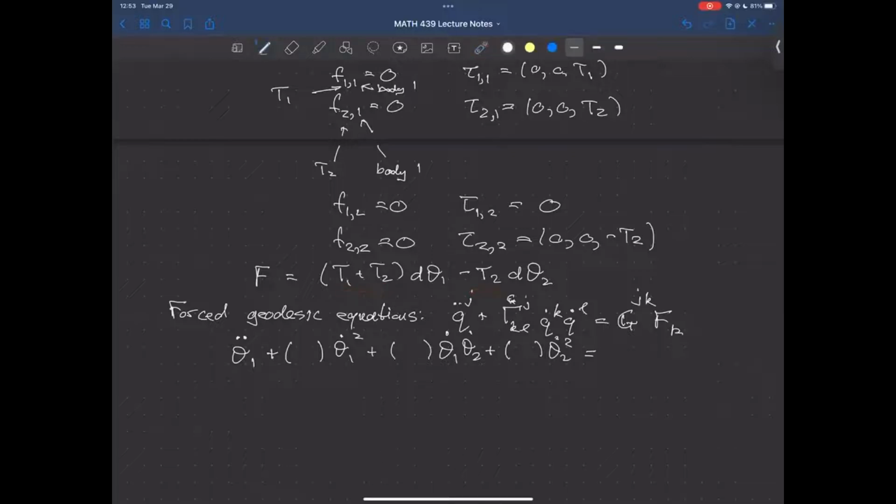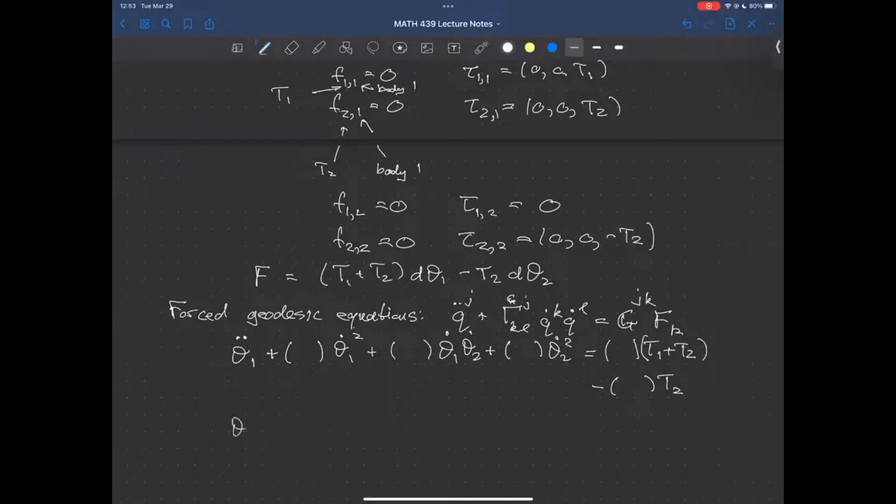So you're going to get some ugliness times T1 plus T2. Then you're going to get some more ugliness, with a minus sign in front of it, times T2. So that corresponds, of course, to that, and that, including its minus sign, corresponds to that.